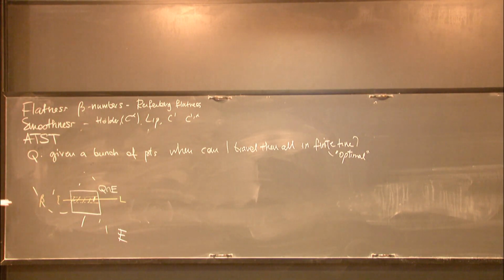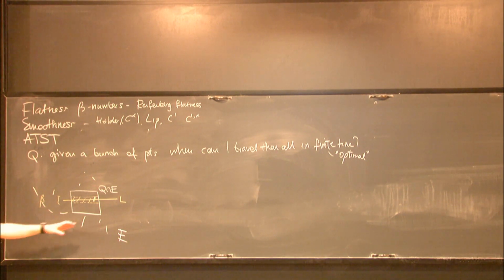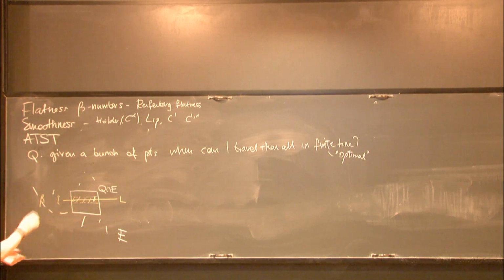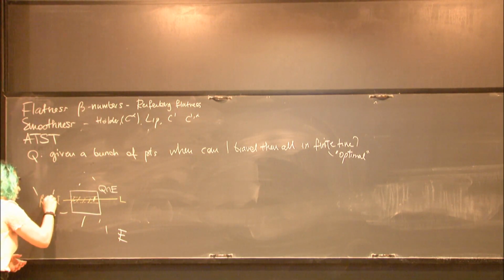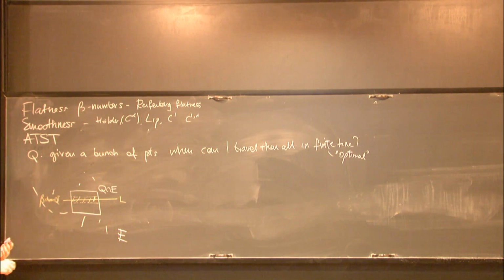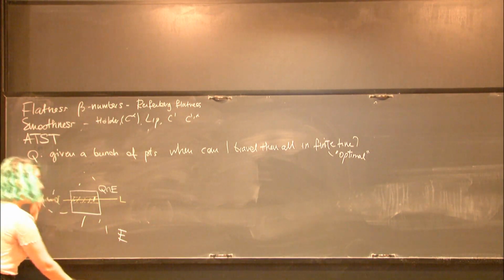But this is a little bad idea, because I told you I want to do multiscale stuff. So I had better be working with some scale invariant quantity, and the width of this strip depends on how big my Q is. So I need to divide by the diameter of Q. Let me write the formula.